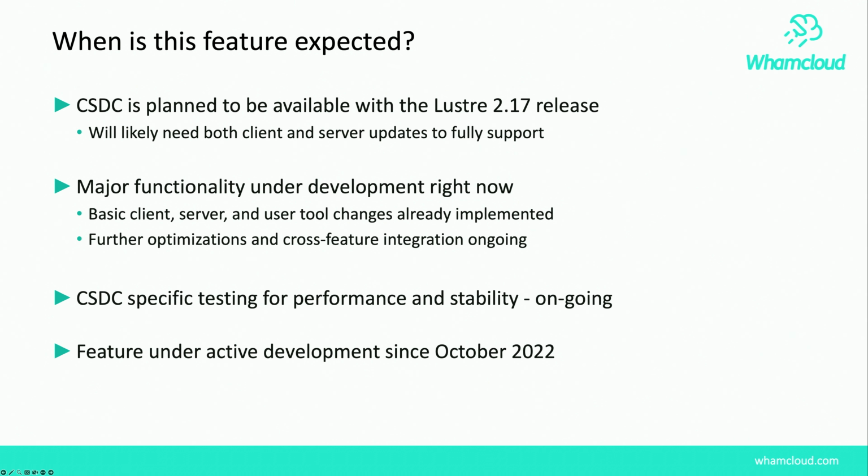And client-side data compression specific testing for performance and stability, again, that's ongoing, and will likely continue right up until GA of 2.17. And as I said, we've been actively developing this feature since October 2022, and it's a major push for us to get this integrated because we think it will help with Lustre.